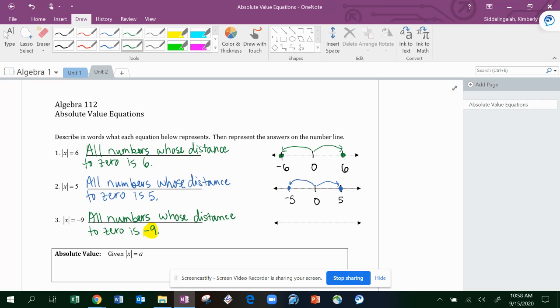That sounds weird. Think about it in real life. If you are talking about how far away you are from school, you wouldn't say, oh, I'm about -1 miles from school. That sounds weird. You would just say I'm 1 mile from school. So distance is never negative. So the fact that this absolute value equals a negative number really is not something we could do. This is no solution.